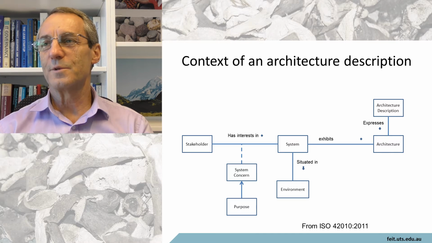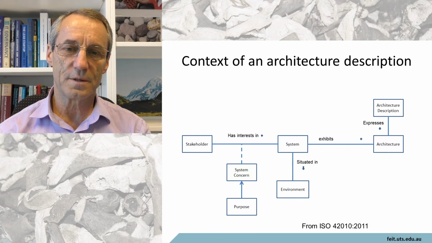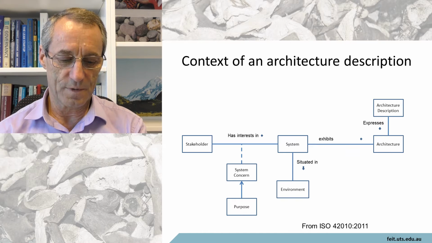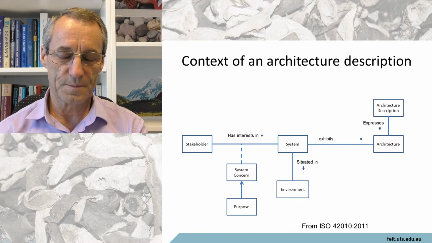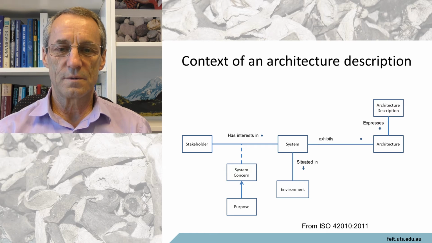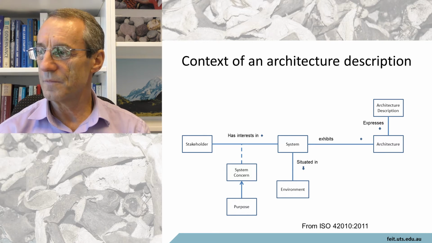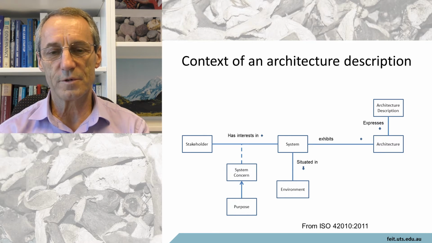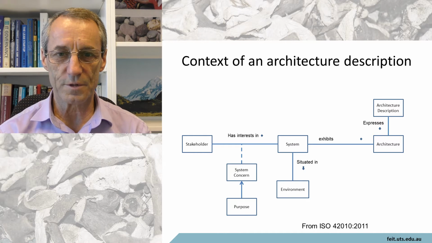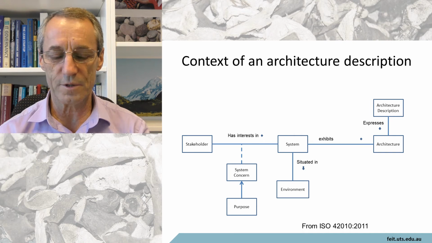The reason for the 42 number is that this group who developed the standard had a sense of humour. They also were Pink Floyd fans. And working groups in the ISO committees get a number, and they wanted the number 42 from The Restaurant at the End of the Universe, where the answer to everything was 42, but we didn't know what the question was.